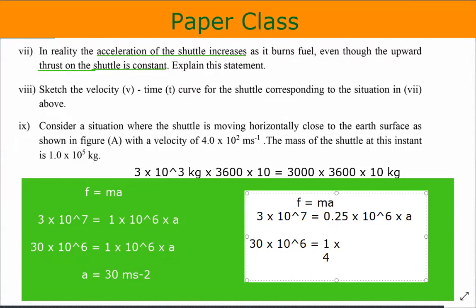What do you think about 1 over 4? Correct or wrong? Correct, sir. So in the place of 0.25, you can write 25 over 100 or 1 over 4, and 10 to the power 6 into a. Now what will happen here? This 10 to the power 6 and this 10 to the power 6 cancel out.